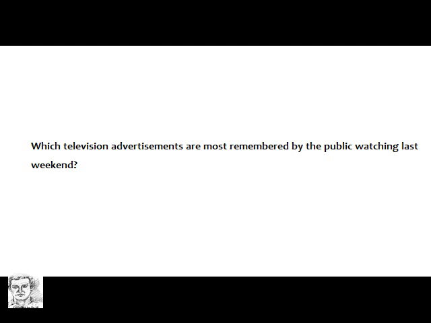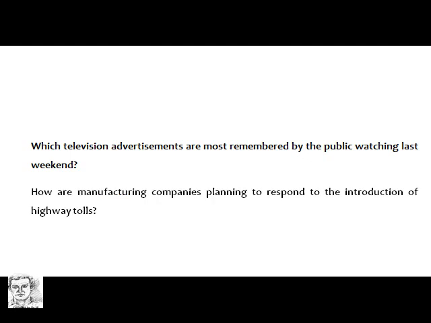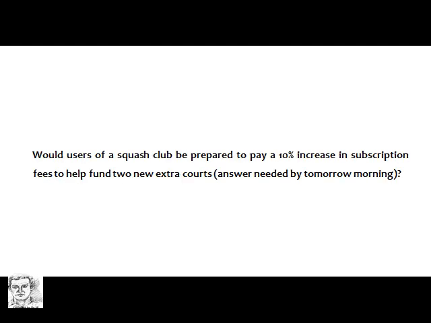Which television advertisements are most remembered by the public watching last weekend? How are manufacturing companies planning to respond to the introduction of highway tolls? Would users of a squash club be prepared to pay a 10% increase in subscription fees to help fund 2 new extra courts? Answer needed by tomorrow morning.